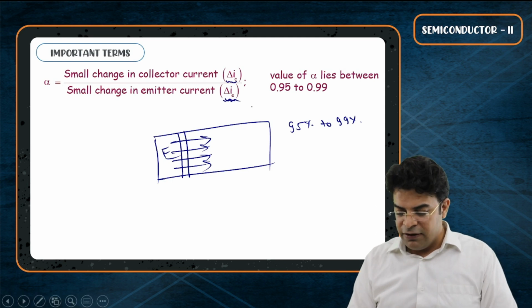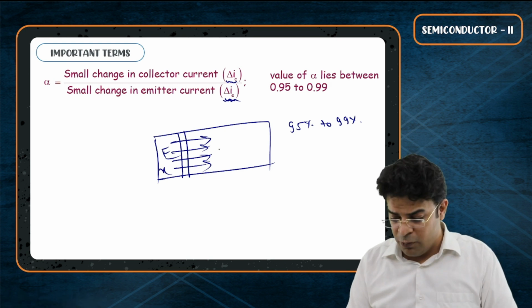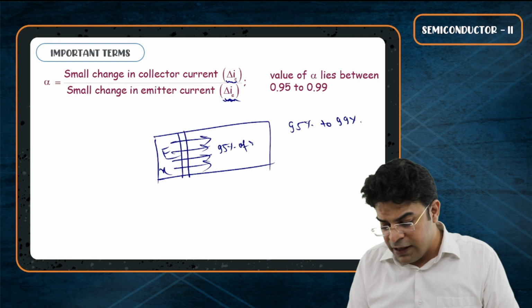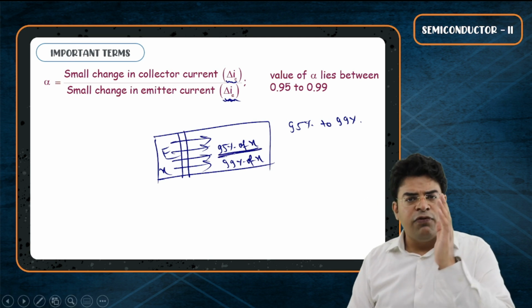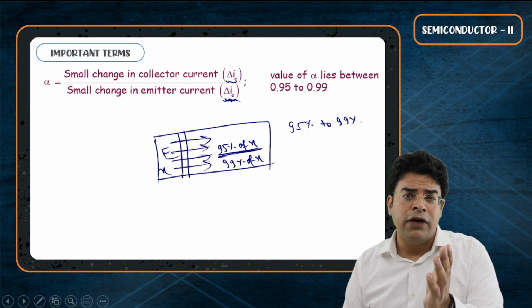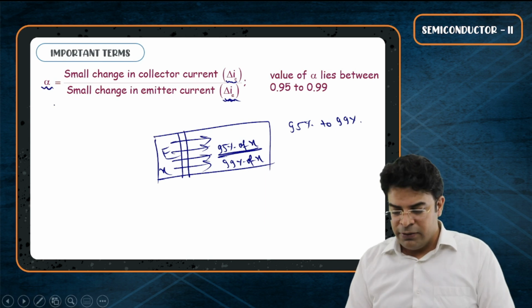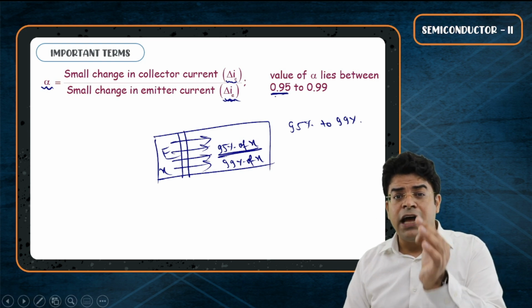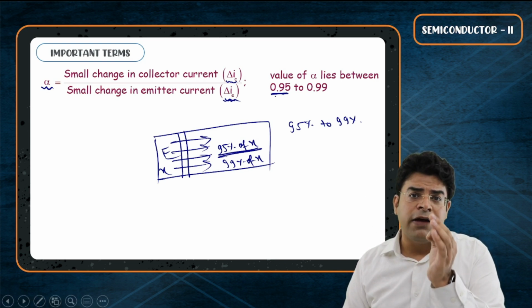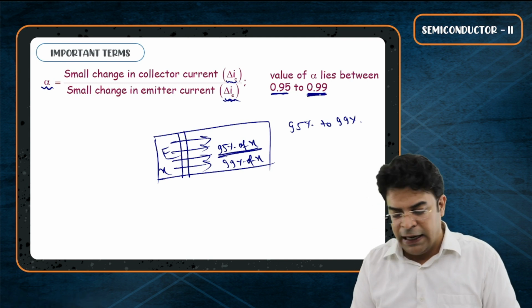You will say, sir, if IE is X, IC has to be somewhere between 95% of X to 99% of X. And when you take the value as 95% of X, the value of alpha comes out to be 0.95. And when 99% of the charge carriers coming out of the emitter reach the collector, then the value of alpha comes out to be 0.99.